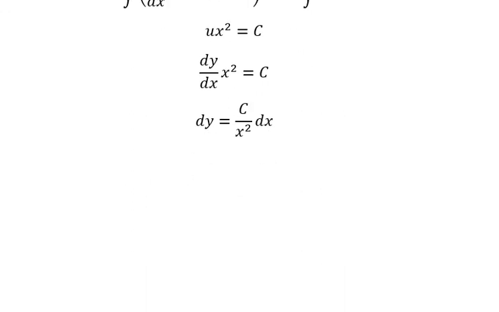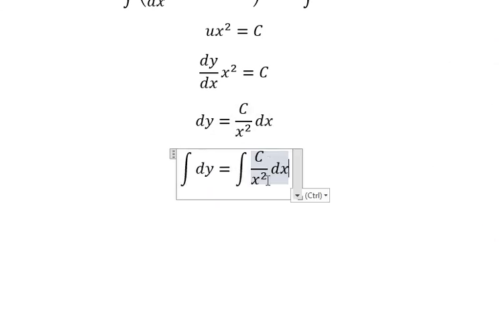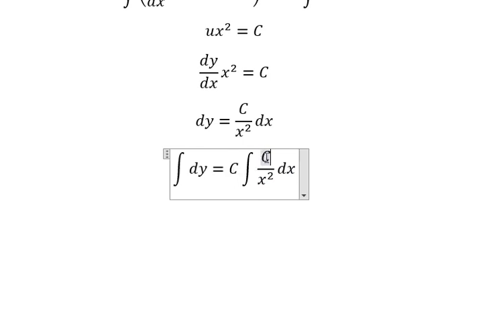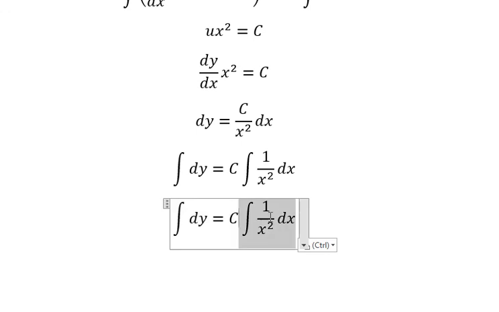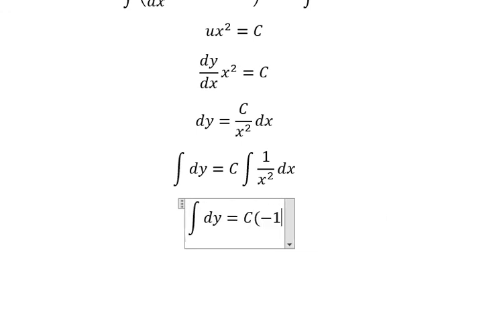Now I can put the integrations for both sides. So I can put c outside. The integration of this one, we have negative 1 over s.